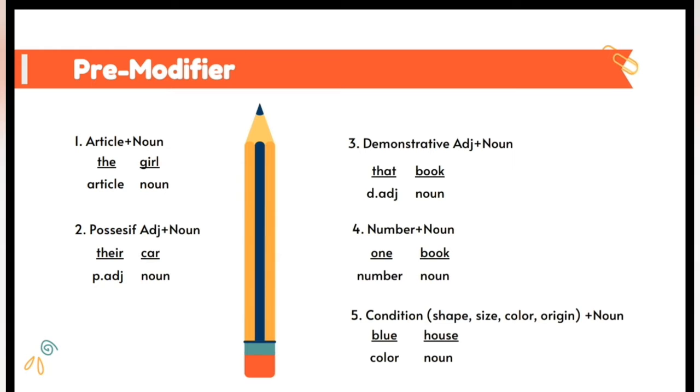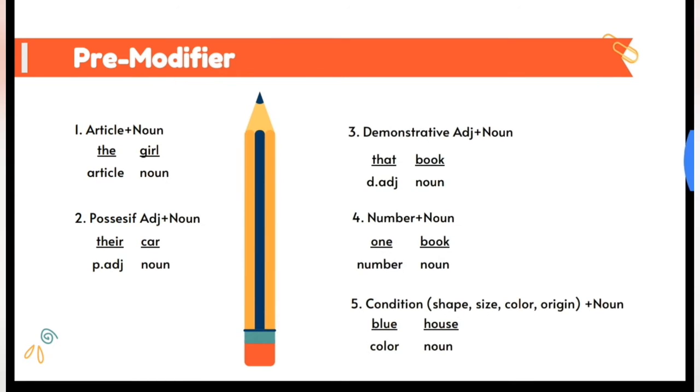The next is demonstrative adjective plus noun. For example, "that book": that as demonstrative adjective, book is noun. The next is number plus noun. For example, "one book": one is number and book is noun.